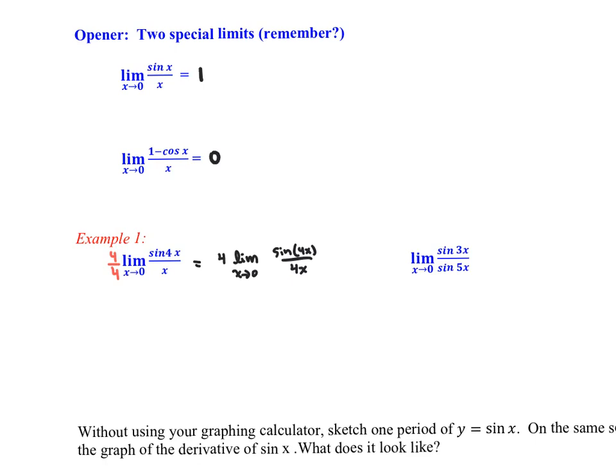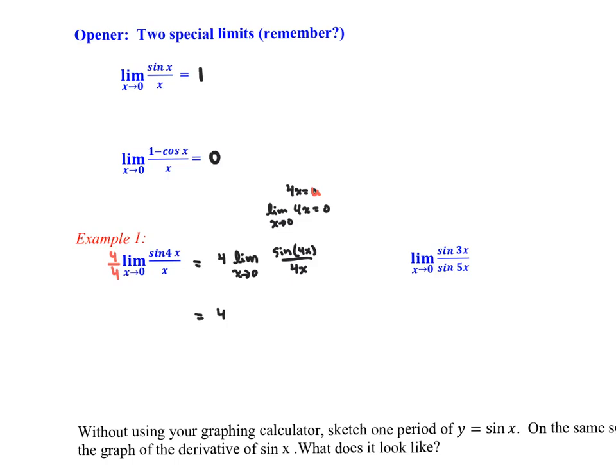So let's do a quick substitution, right? So let's say that 4x equals u. Oh, let me change it. It's not allowing me to erase it. So then the limit as x approaches 0 of 4x should equal 0, right?